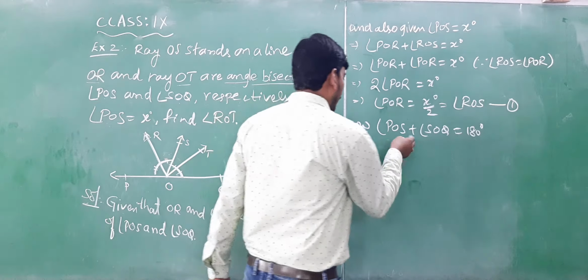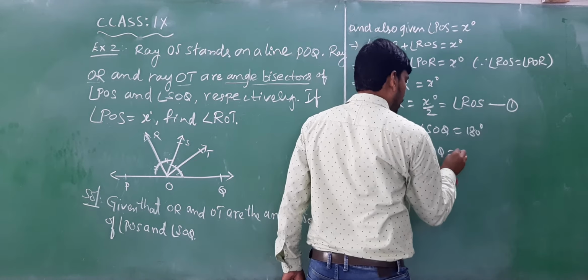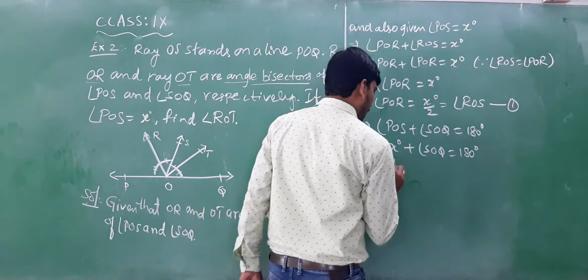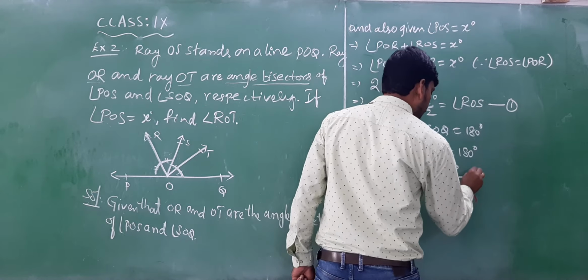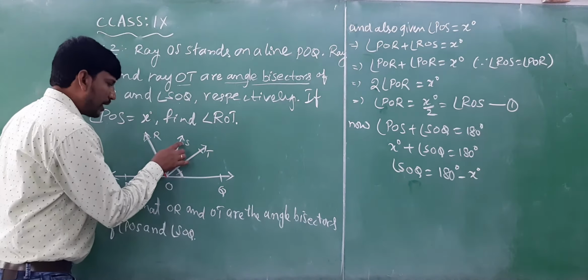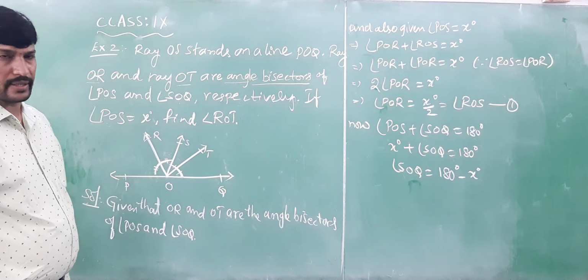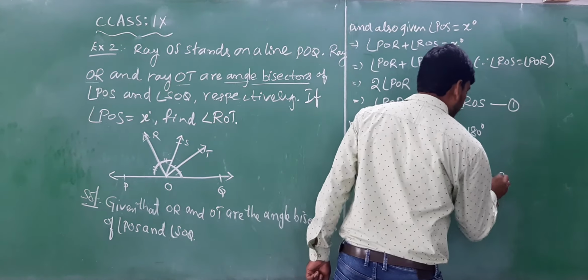Now POS is x degrees, so x degrees plus angle SOQ is equal to 180 degrees. Then angle SOQ is equal to 180 degrees minus x degrees. So this is equation number 2.